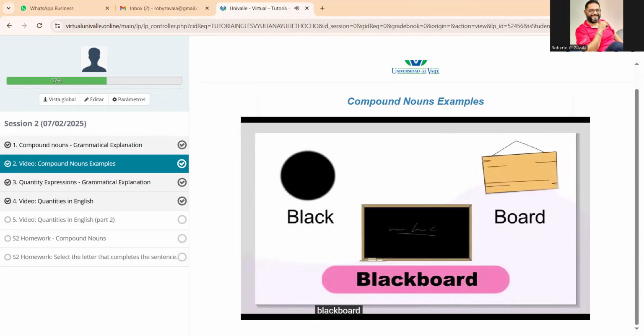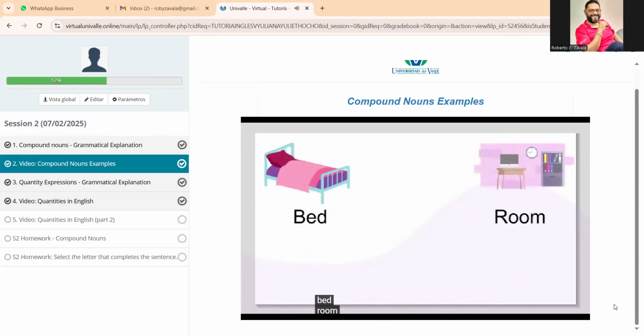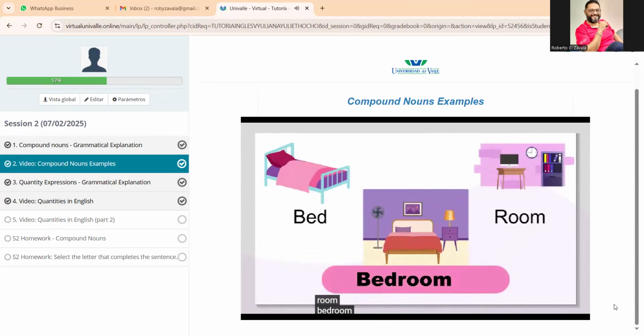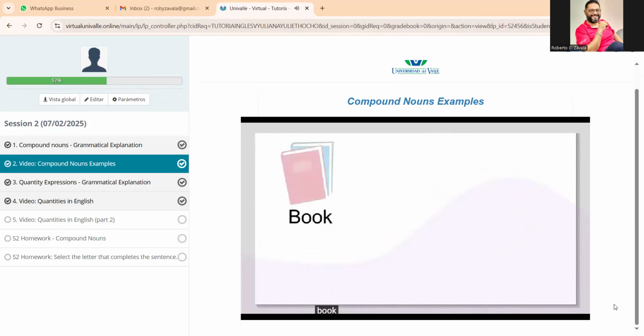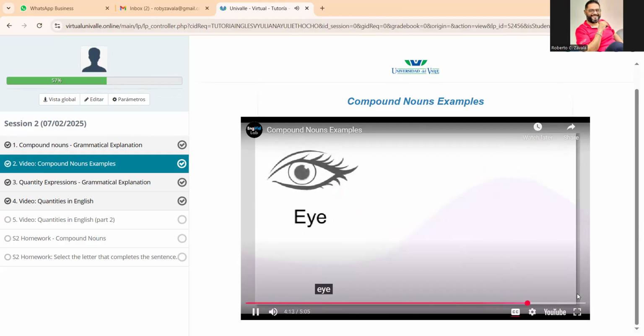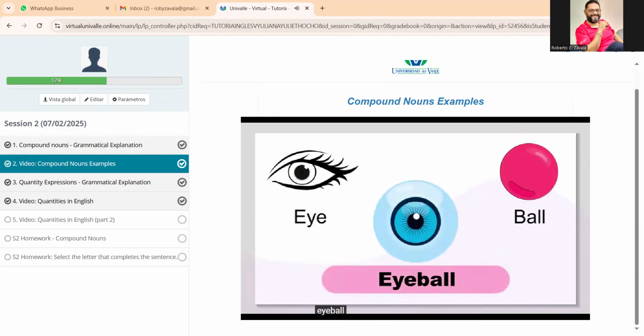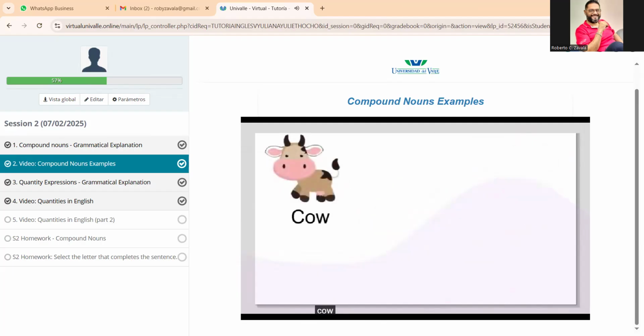Blackboard. Bed. Room. Bedroom. Book. Shelf. Bookshelf. Eye. Ball. Eyeball. Cow.